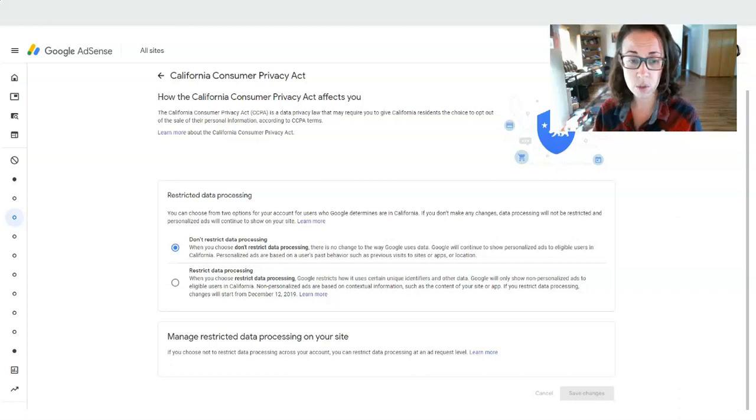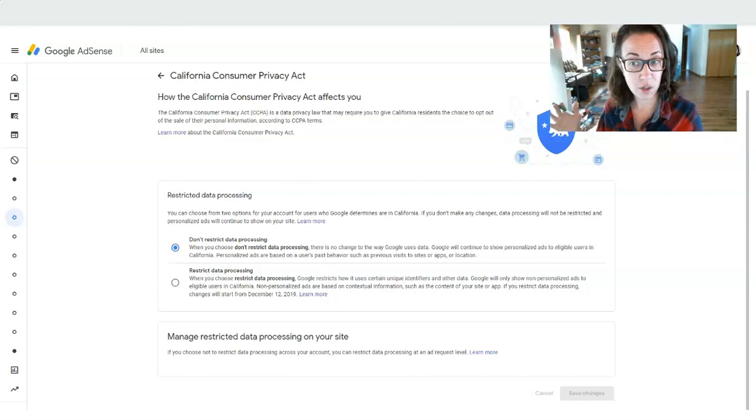this is sort of where my eyes glazed over when I was looking at this, right? Because it's giving you these options, and it seems like it should be important, but I didn't really understand what the options were, what they meant, or why I should care. It gives you two options to choose from to deal with users who are in California, that Google determines are in California. So it says, don't restrict data processing or do restrict data processing.